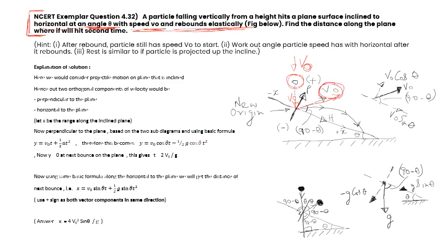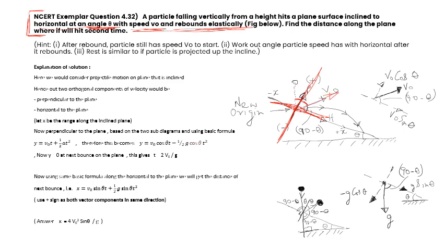And secondly, the other point to remember is, if you draw, so this is the plane on which the ball or the particle is falling, and this is the perpendicular to that plane. This line is perpendicular. Now the angle that this body will make with the perpendicular to the plane on which it is falling, the same angle will be made when it rebounds back.